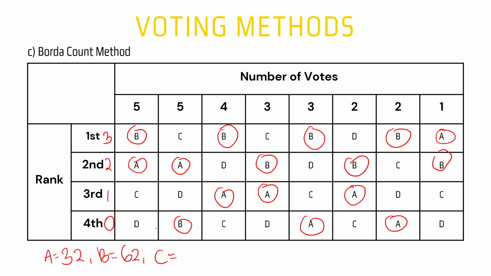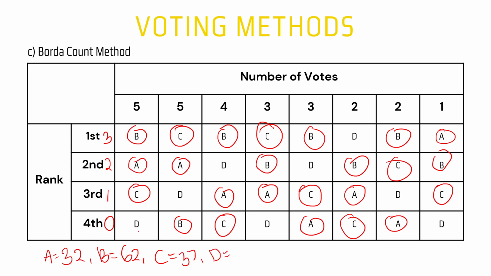For candidate C, we have 1 times 5, 5, 3 times 5, 15, 4 times 0, 0, 3 times 3, 9, 1 times 3, 3, 2 times 0, 0, 2 times 2, 4, and 1 times 1, 1. Getting the total, we get 37.